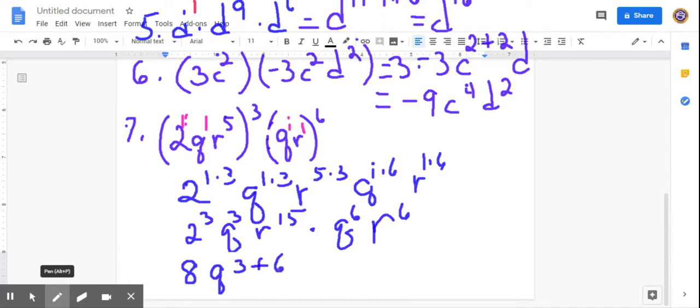So keep the base, add the exponents. Now you have 2 base r's. Keep the base and add the exponents. So your answer is going to be 8q to the 9th r to the 21st power.